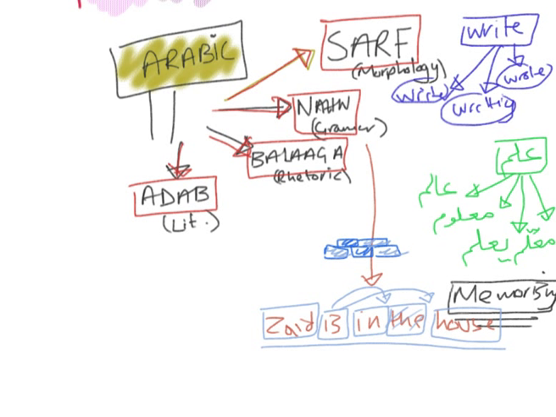However, in the Arabic language there's one more thing that you have to be concerned about, and let me show you. Let's say you have Zaid fi al-bayt. Okay, so that's Zaid fi al-bayt.